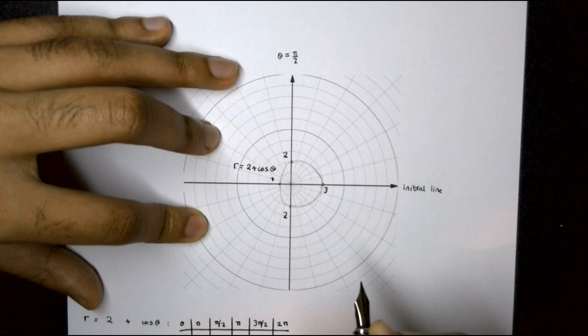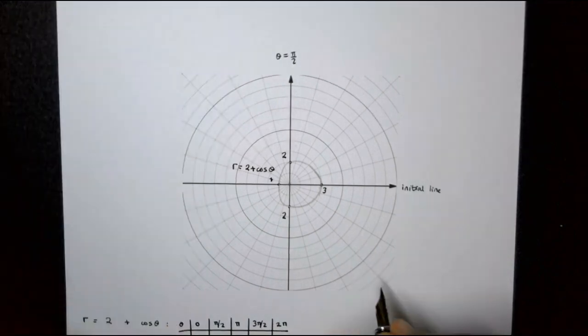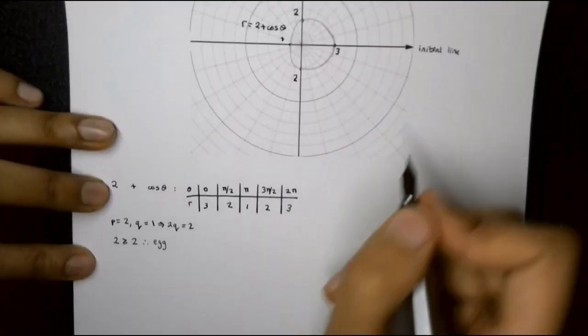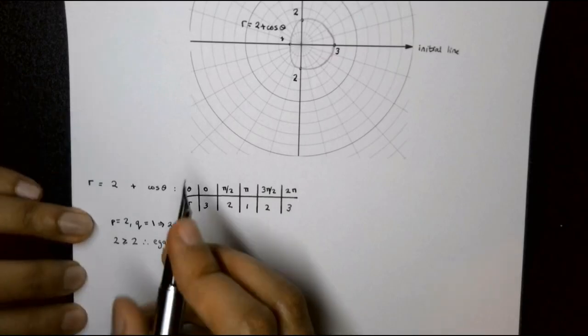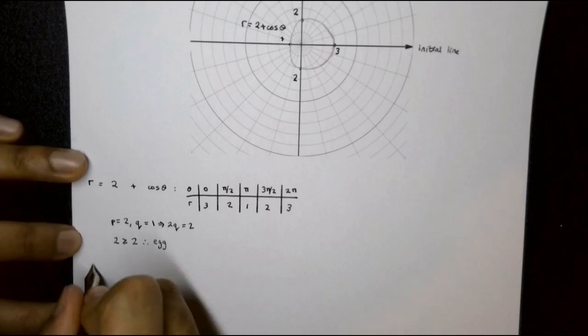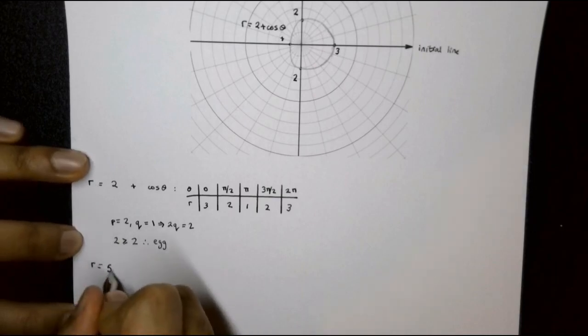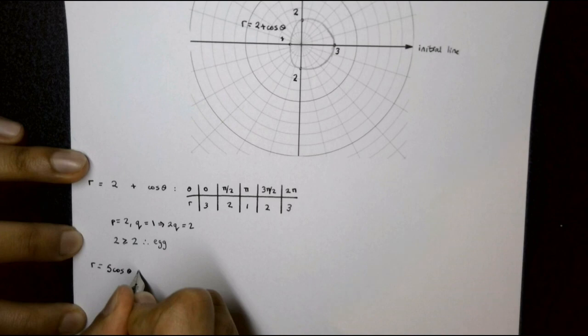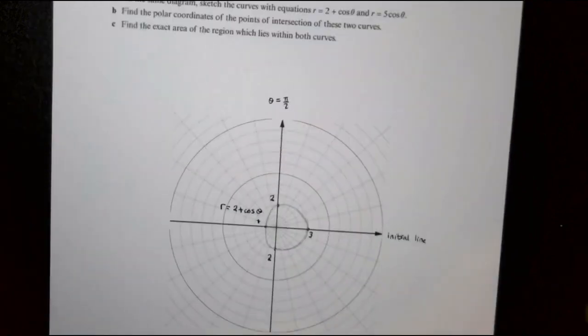Okay? So what we now need to do, in a similar way to what we did with the other equation, we've got r equals 5 cos theta. We first of all need to see which values of theta we need.